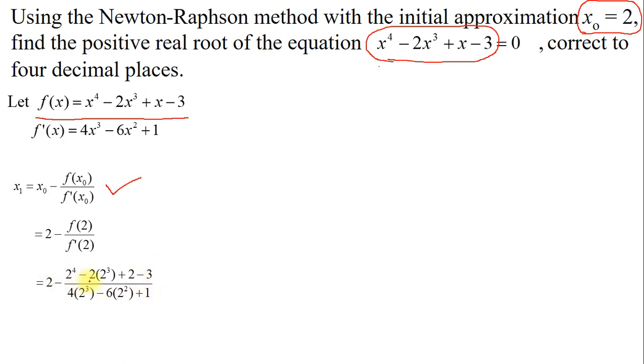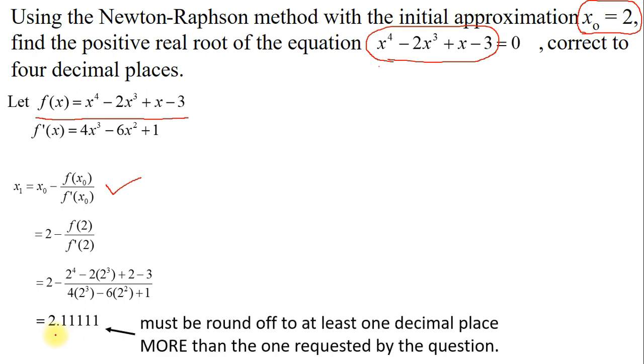Now from here you don't need to go further. You just use your calculator, press this, and you get the answer. Write the answer. Now for this answer, take note, it's very important. It must be rounded off to at least 1 decimal place more than the one requested by the question.